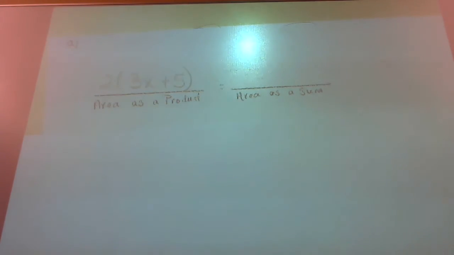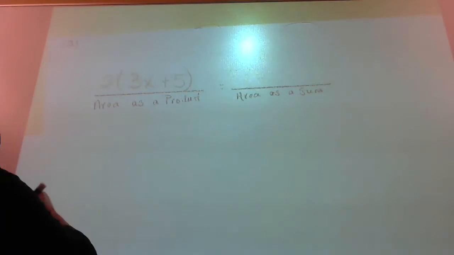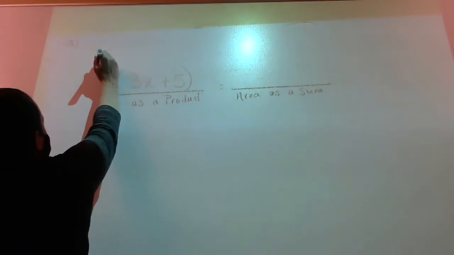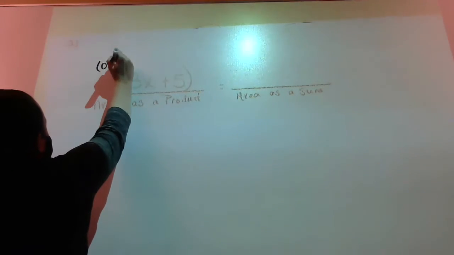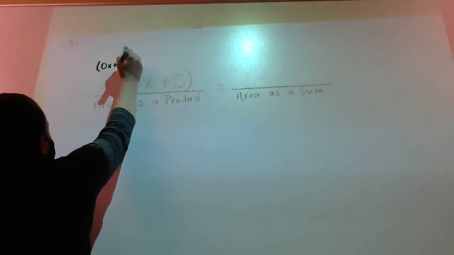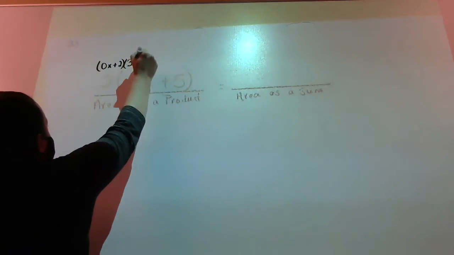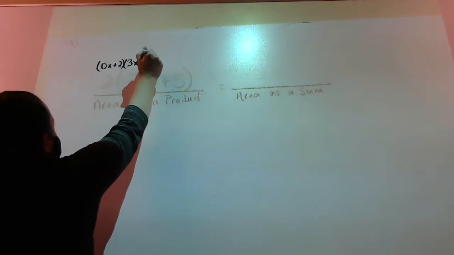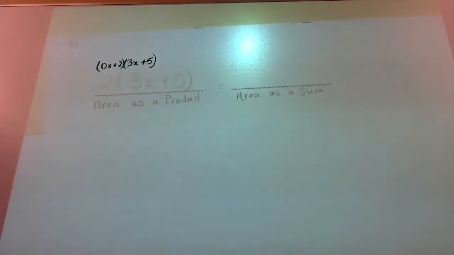Now, this one means you have how many x's? Well, if you want to write this one out like we have been, that's the way it would look, okay, if we were going to write it out legitimately.